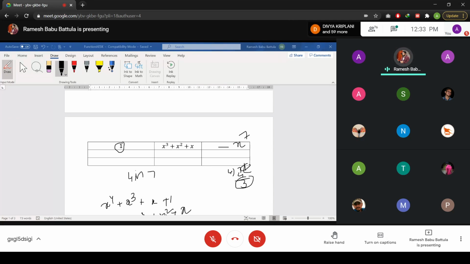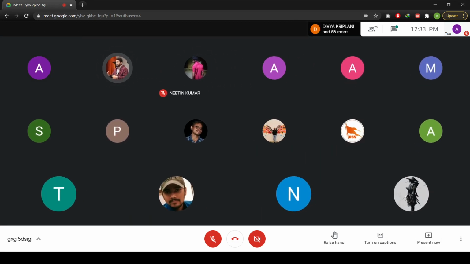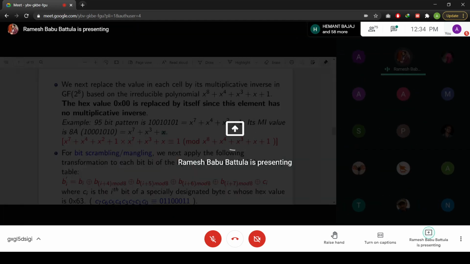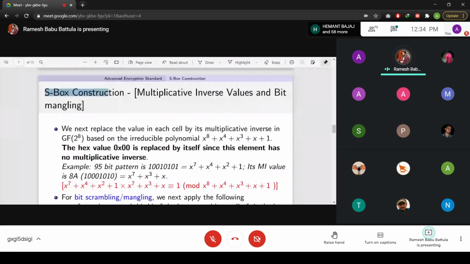Now I'm sharing one more thing for you. Try to solve this problem and let me know. Are you able to see this one? Yesterday we were discussing the SBox construction.